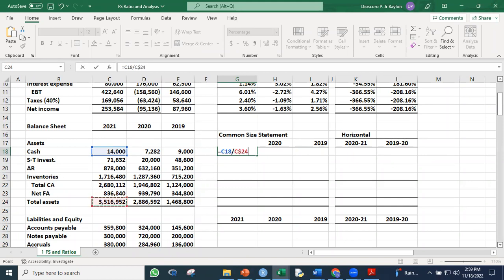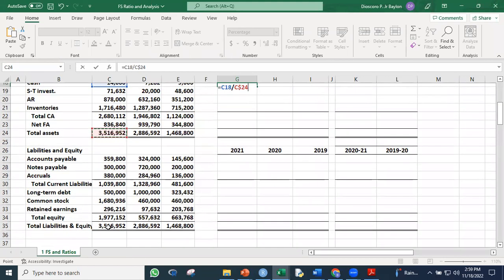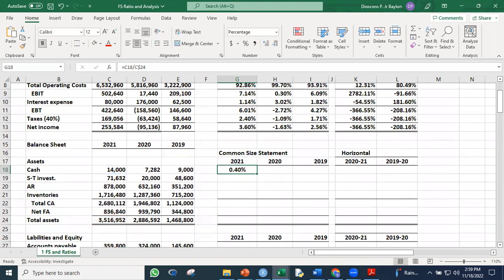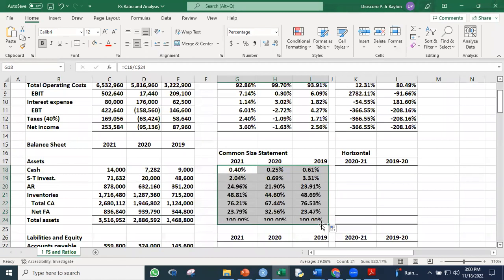Everything is expressed in terms of total assets, and then let's fix the row, C$24, or you can use the total liabilities and equity, because we know that in a balance sheet, they should equal each other. Okay, so Control Enter. So I'm getting 0.4%, which means that cash is only 0.4% of the total assets of the company. Okay, so let's copy this to the right and then copy down.